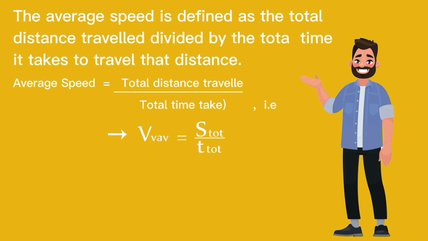That is, average speed is equal to total distance traveled divided by total time taken. That is, V_av is equal to S total over T total.